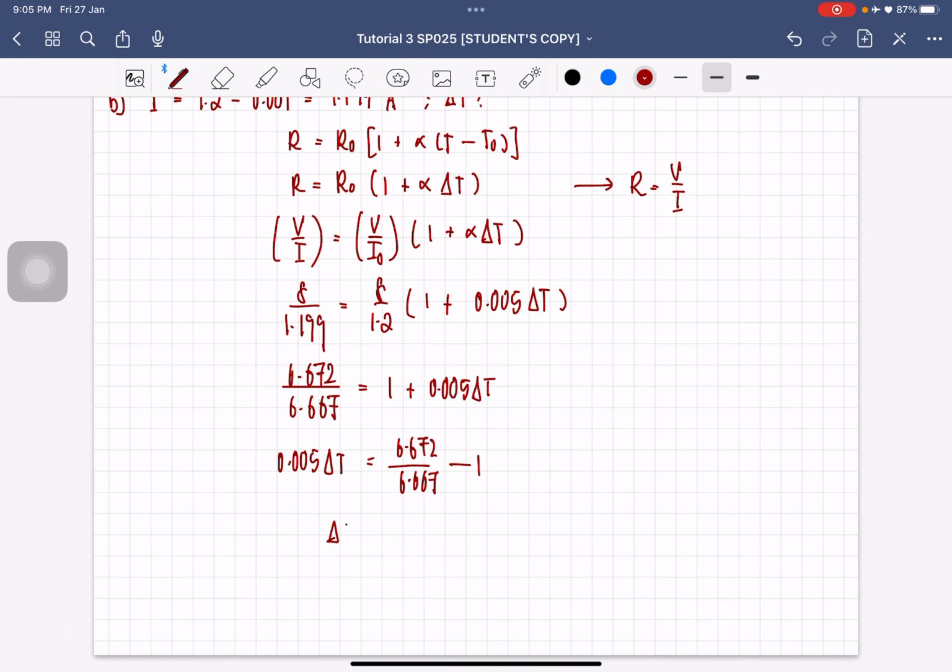So delta T is equal to, let me just check, 8.34 times 10 to the power of negative 4 divided by 0.05. So you should get 0.167 Kelvin.